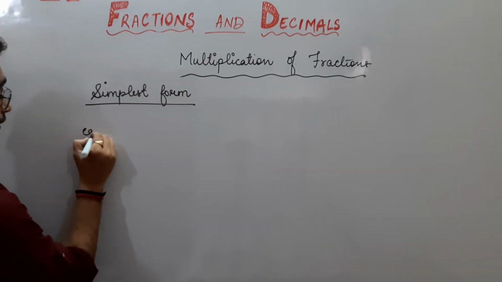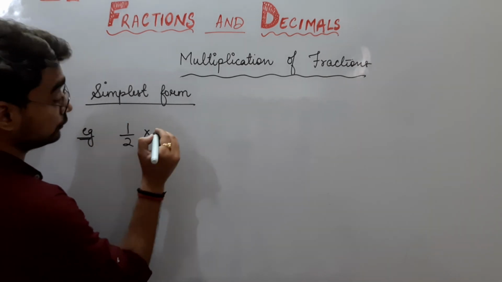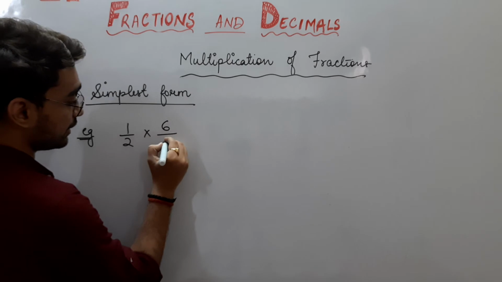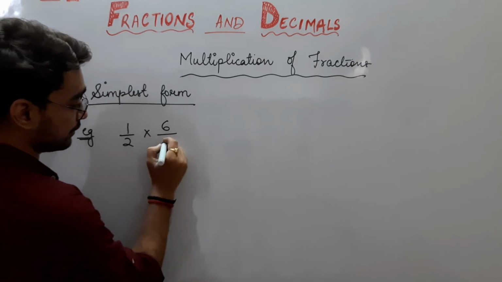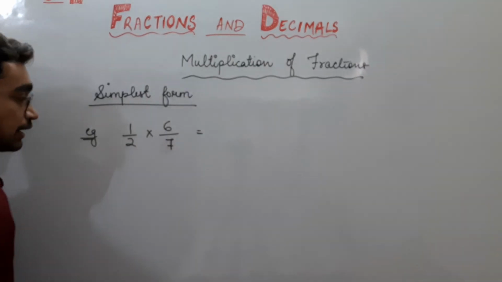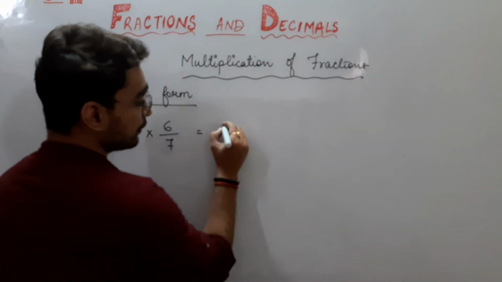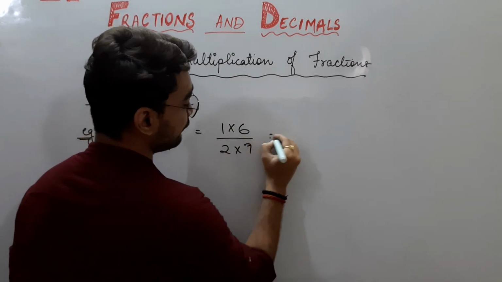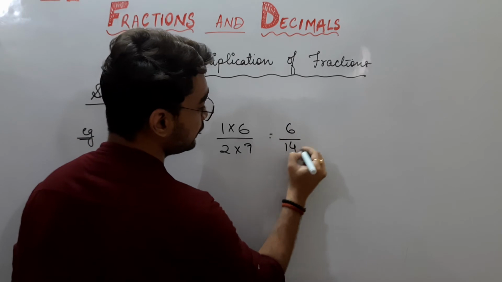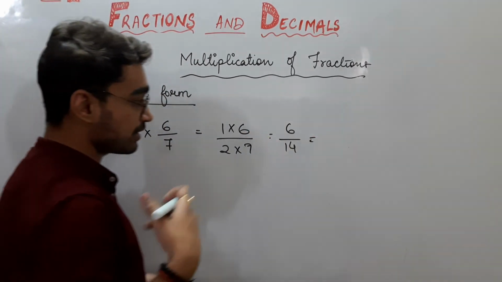Example: multiply 1 by 2 into 6 by 7. According to the conventional method, what I need to do is 1 into 6, then 2 into 7, so it will become 6 by 14, and then I can reduce it to the simplest form, as you already know.